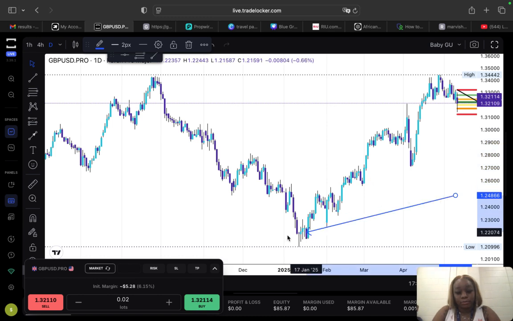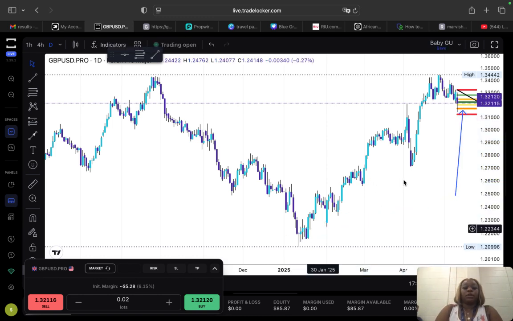First thing you want to identify is whether my pair is making lower lows, higher highs, higher lows. Is it consistent with an uptrend or a downtrend?